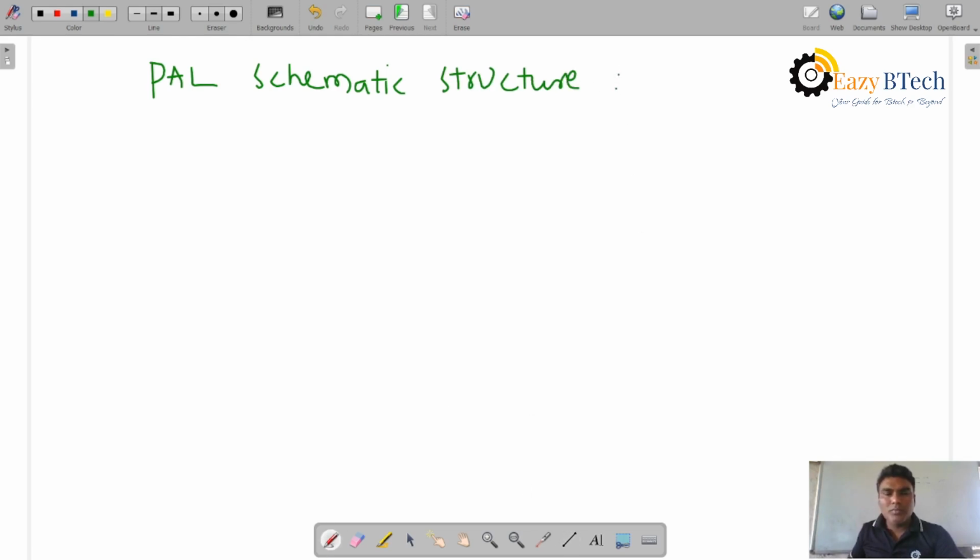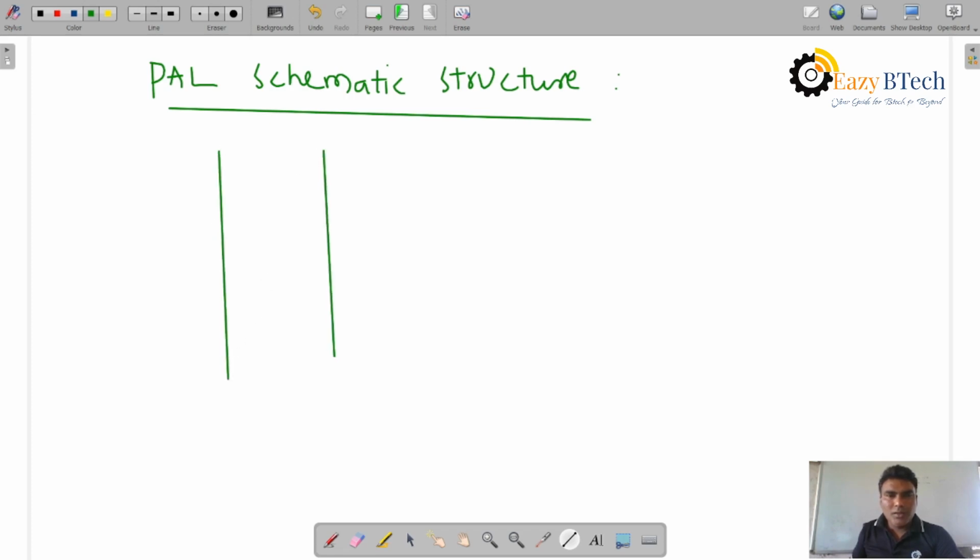So how it will be, and this structure can be used. Let me see the structure: x1, x2, and x3.